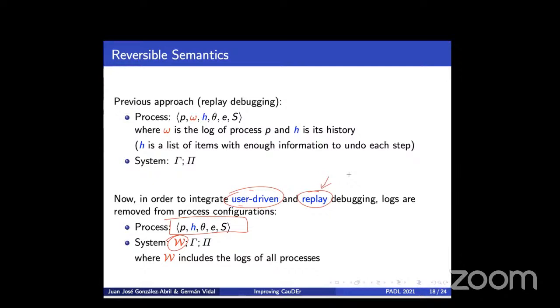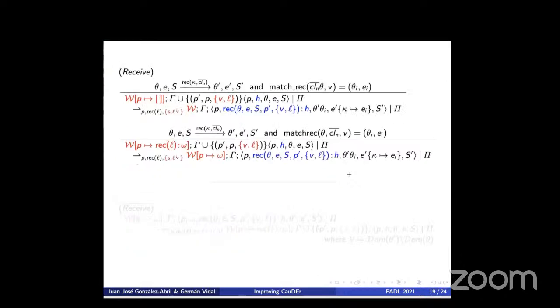So this is how it looks. We now have two rules for every concurrent feature. For receive, we have one rule where the log is empty, and therefore we have to select any arbitrary message from gamma.